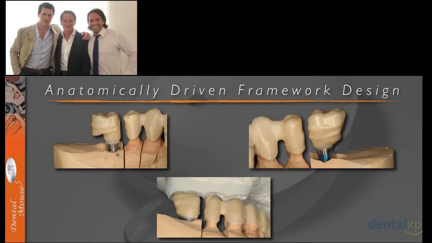From there he has the correct volume and the correct spaces to see how much he can build this framework up, so as not to have an incorrect thickness of the final material that could end in failure, chipping, or fracture. So this is a very important part of the treatment plan.